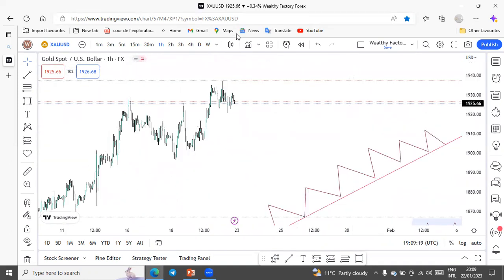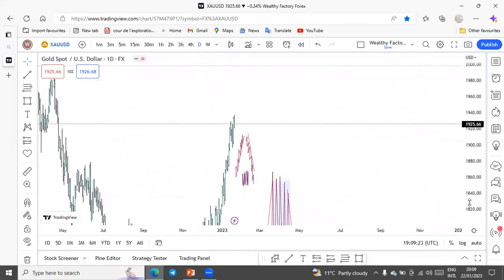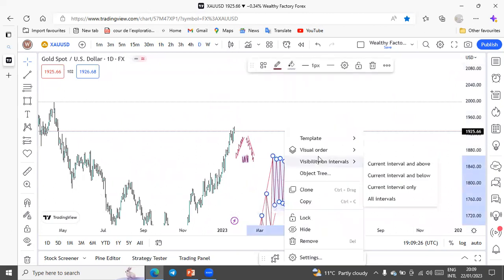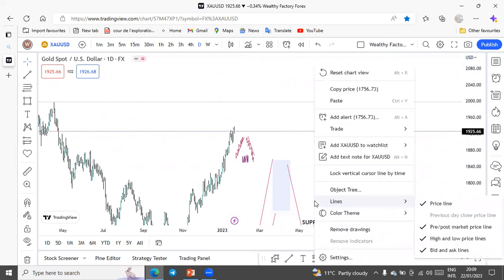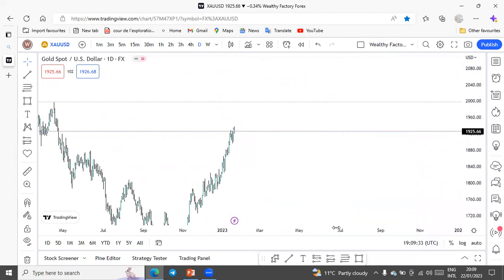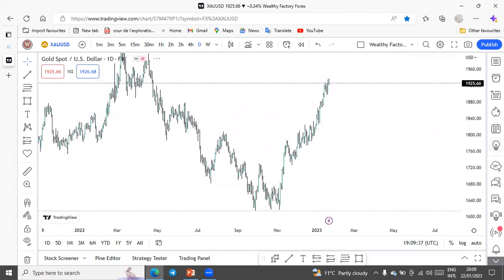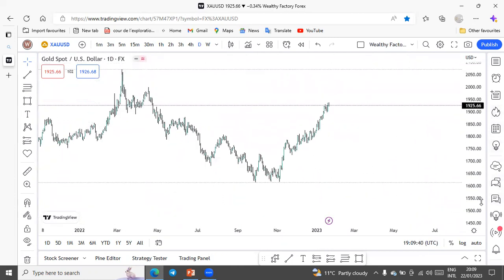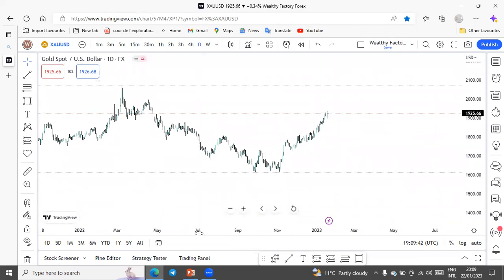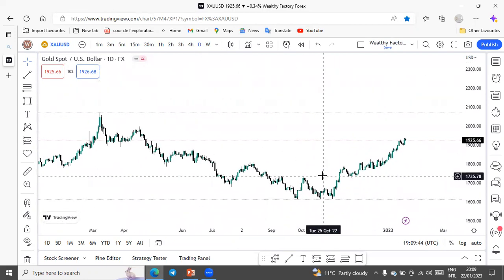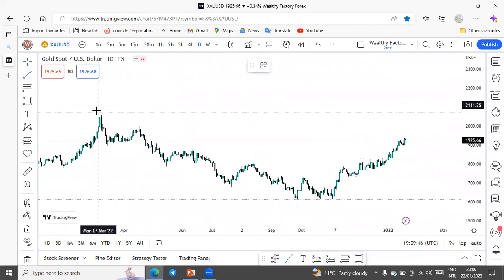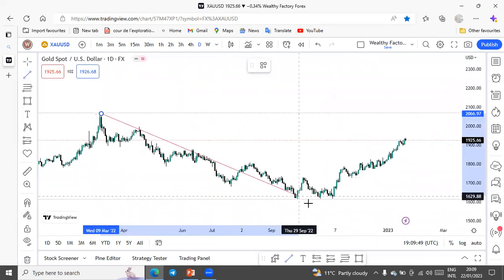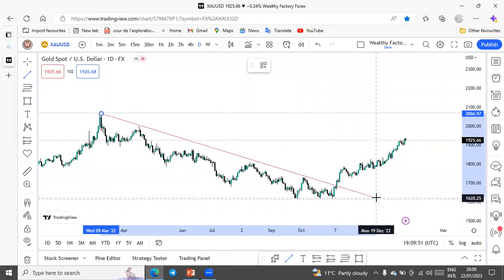Let's remove drawings. A good example of what a downtrend is, is this one, starting from here all the way up to here.